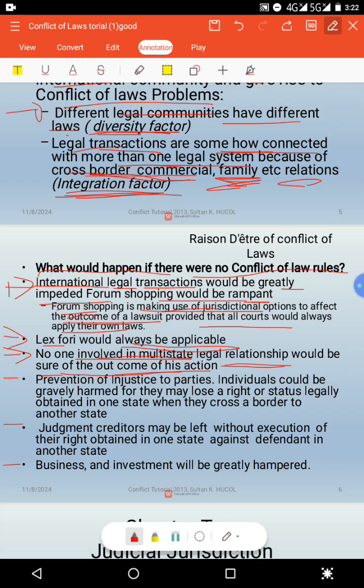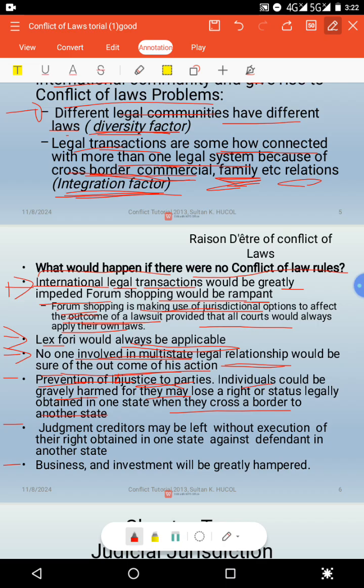The fourth point is prevention of injustice to the parties. The slide says injustice, but change this to justice: prevention of justice to the parties. Individuals could be gravely harmed, for they may lose a right or status legally obtained in one state when they cross the border to another state.